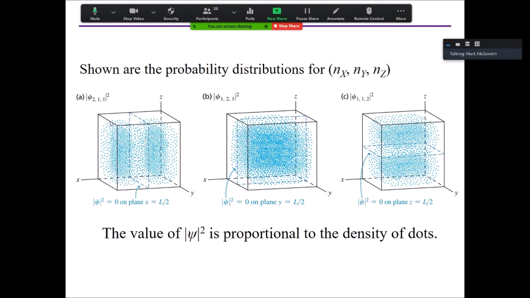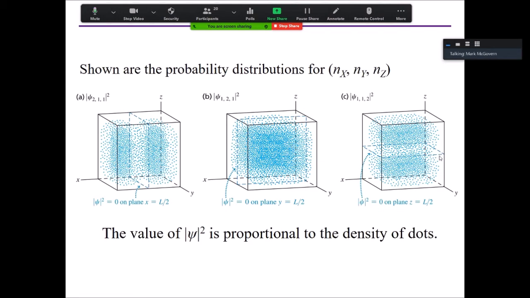And what that does is it creates a box, but it creates 2 distributions in the x direction. And in the middle, everything's 0, and we have the highest probability in the x direction to be in the middle of these 2 little slabs here. You can do the same thing for y and the same thing for z.